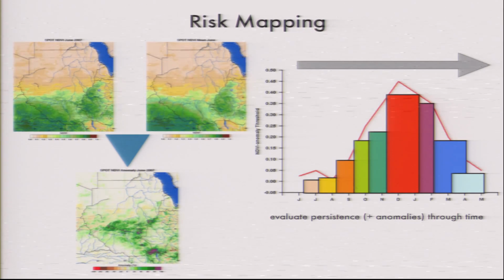And then the model is run as a moving window to look at the persistence of those particular anomalies. The anomalies that meet the threshold are then identified as indicating an area at risk, in that those areas are where populations of RVF vectors are likely to emerge.